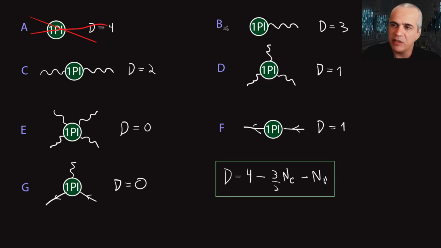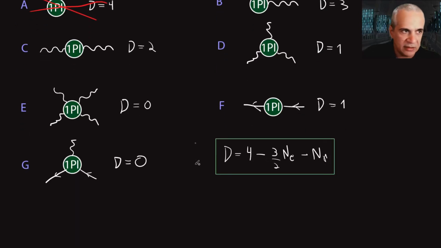And the important thing to remember here is that while I'm drawing all these external photon legs, I'm really talking about the amputated 1PI diagrams. So the photon propagator is not really there. But I know that before amputation, this photon was connected to a QED vertex inside the diagram, which has this form.